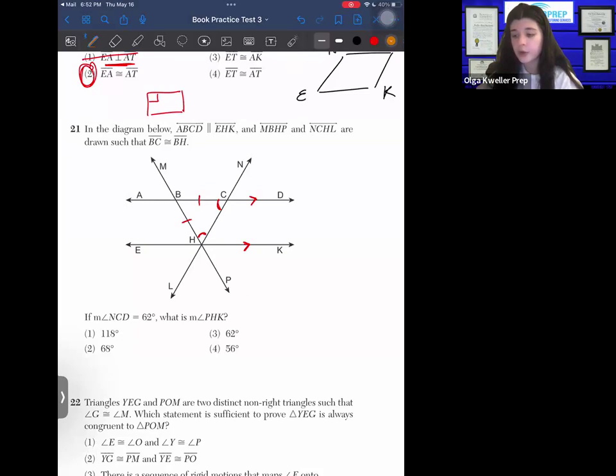Now, this gets a little bit crazy because we've got two bisectors, but if we just think about, right, these parallel lines, and if we just focus on this for one second, what do we know that is equal that I can mark on my paper? Well, I now know that this, right, by vertical angles would also equal this. I also know that this and this should be equal, right, by alternate interior angles.